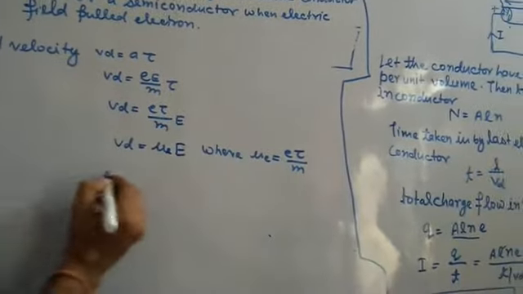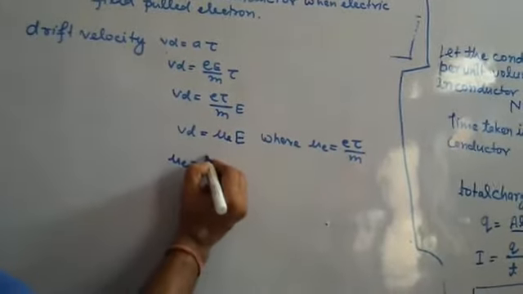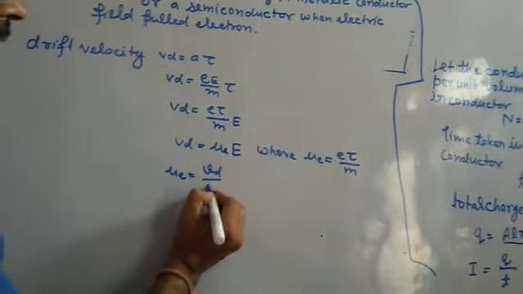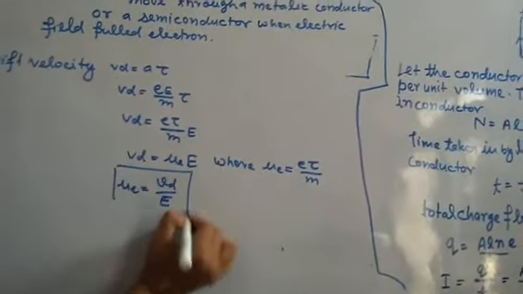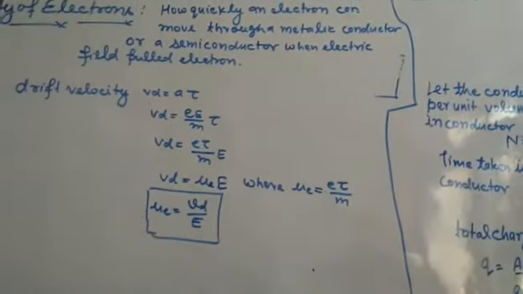Therefore, mu e is defined as the ratio of drift velocity to the electric field.